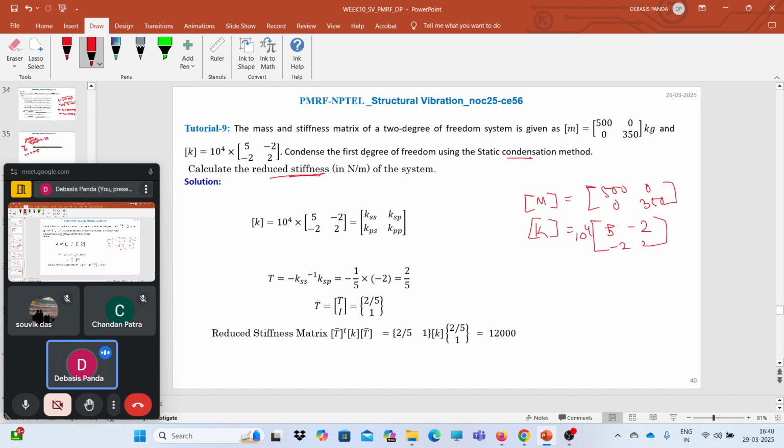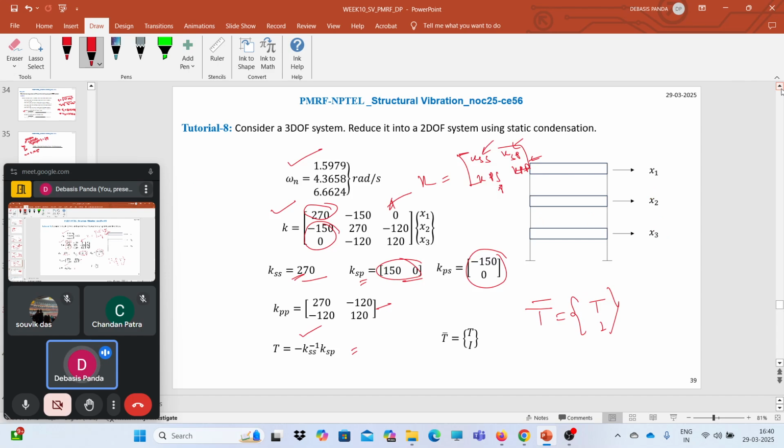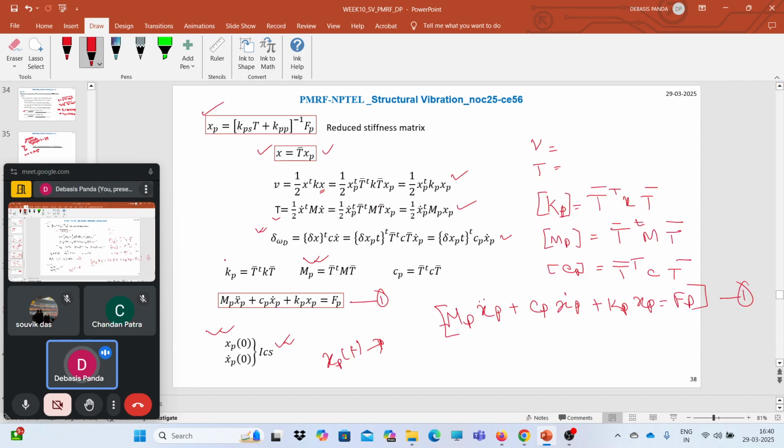Reduced stiffness matrix, right? The reduced stiffness matrix, what we have seen here, is T bar transpose K T bar. We need to calculate the T bar transpose first, and we have the K matrix. So if we can find out the T bar, we can easily calculate the value of this reduced stiffness matrix.